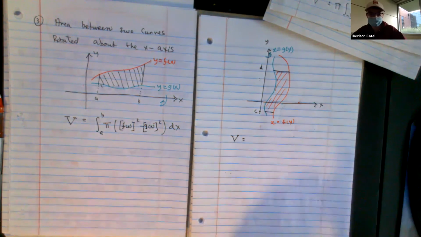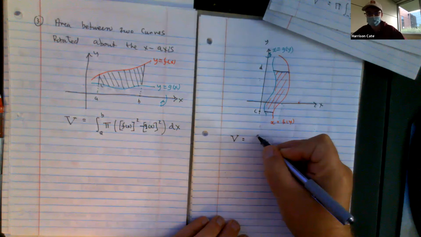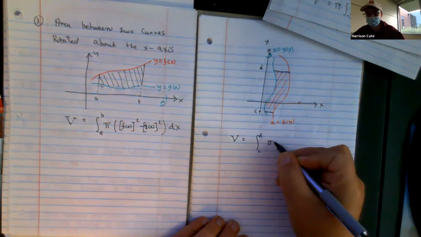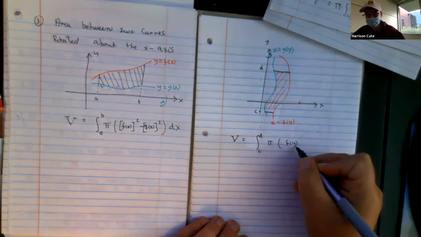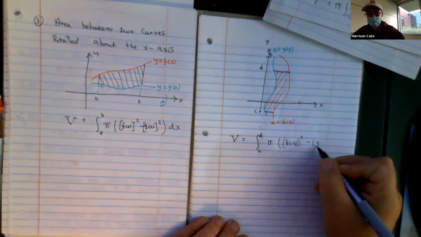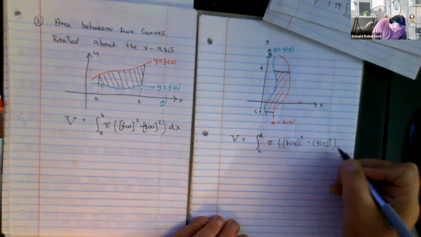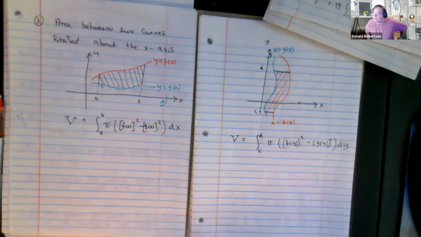Volume equals integral from a to b of pi times f of y squared minus g of y squared. Yeah. In terms of y. Yeah. Would you agree it's essentially the same formula, but just y's?